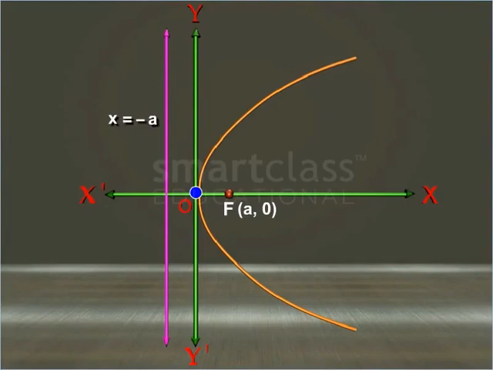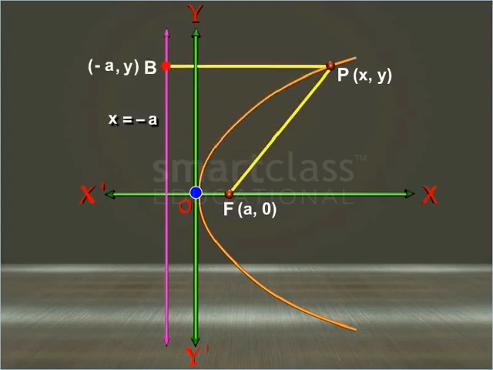Next, consider another point on the parabola whose coordinates are x, y. Since every point on a parabola is equidistant from its focus as well as the directrix, the two distances are equal.